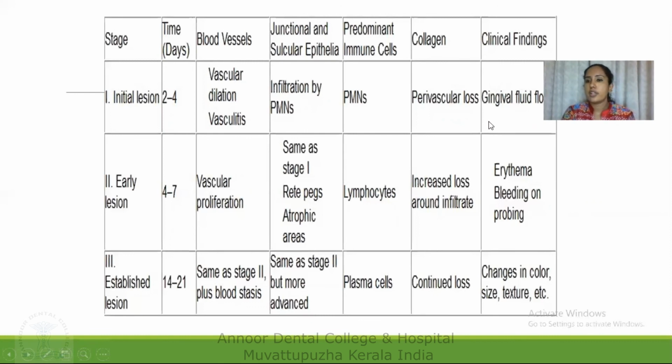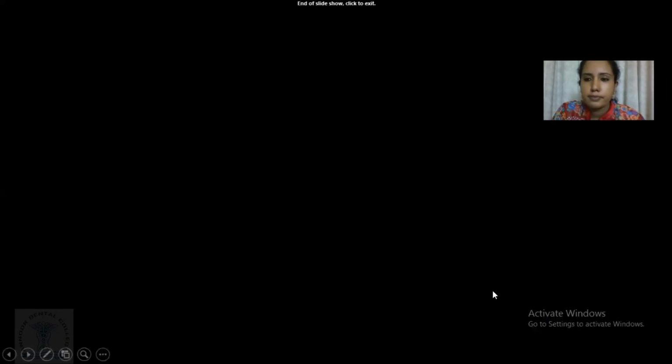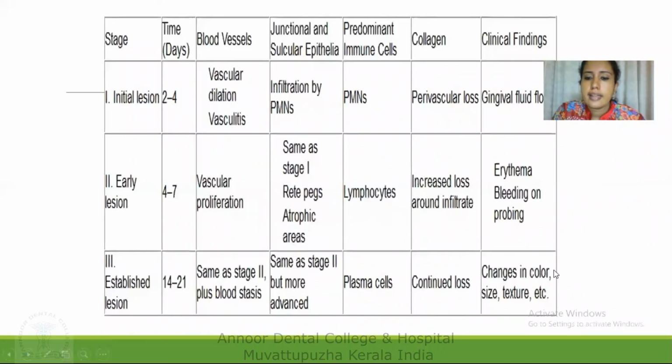That's why we call it subclinical gingivitis. Whereas in stage 2, we can see bleeding on probing. That is also an important question which comes in your viva: in which stage can we see bleeding on probing? It is in stage 2 where we can appreciate bleeding on probing, and in the established lesion there are changes in the color, size, texture, etc.